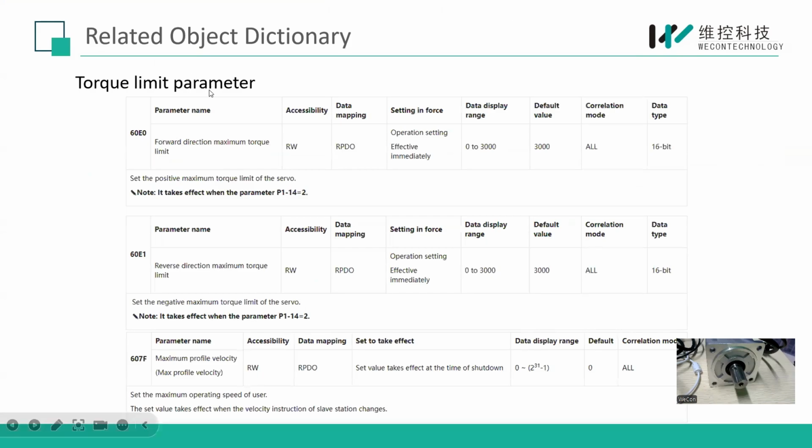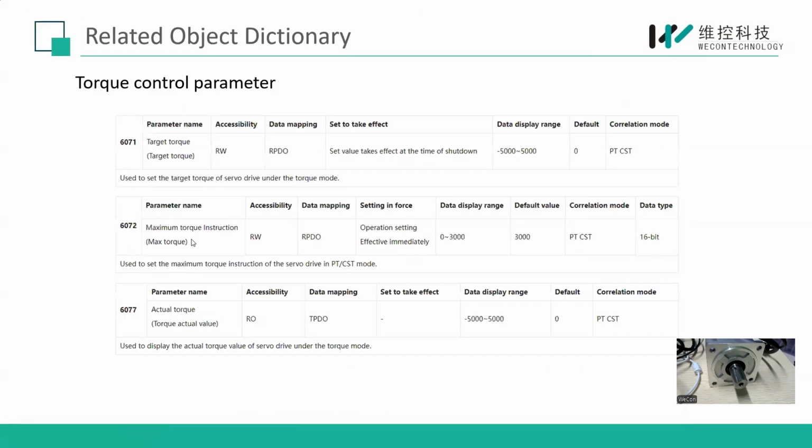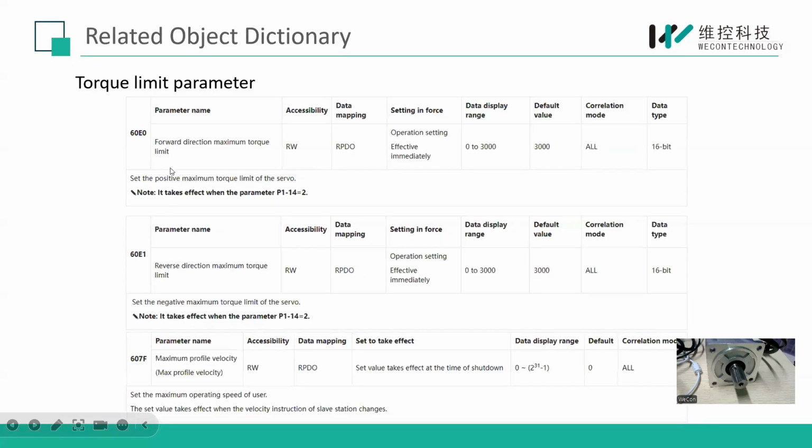And some torque limit parameters. Here are the forward torque limit and reverse torque limit. There is a relationship between the max torque limit and these two torque limits, which I will show you later. And also we have the max velocity limit, 607F. The unit of this parameter is the encoder unit.